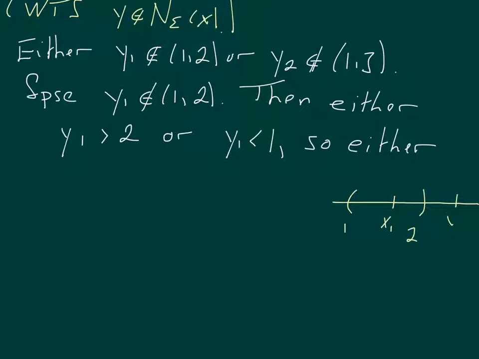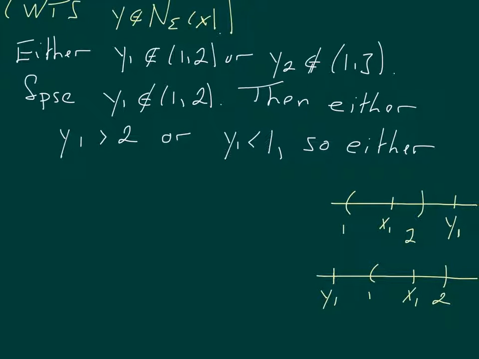And maybe we have this situation where y1 is bigger than 2, or maybe we have this situation here. Here's 1, here's 2. Here's our x1, and maybe we said y1 is less than 1, in which case y1 is sitting over here.